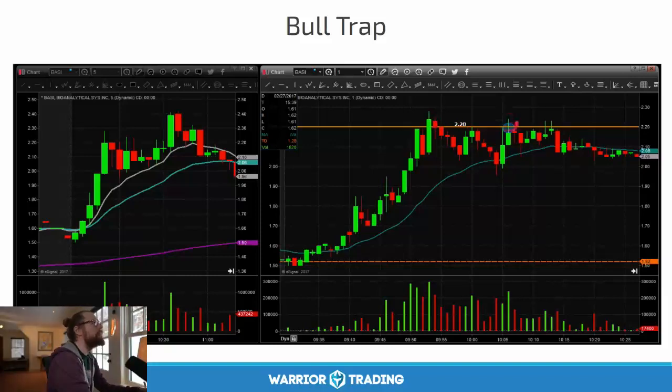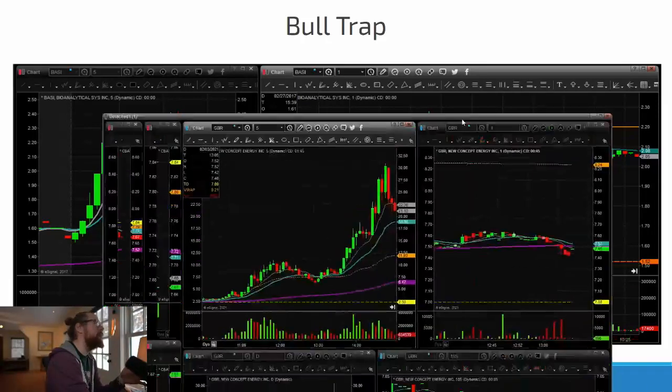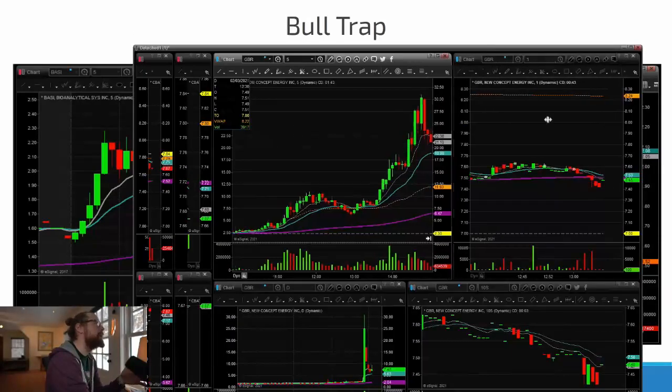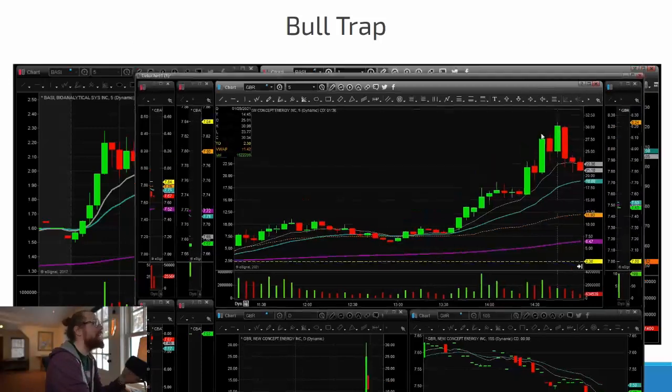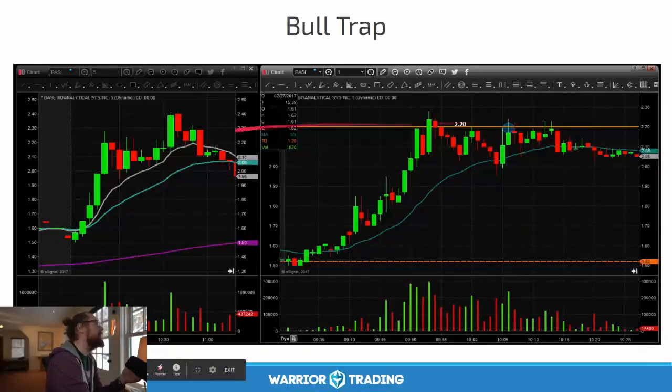So the problem here is that this entry, which obviously some people took, and I don't remember if I took this trade or not, while that entry made sense on the 5-minute chart, the 1 minute didn't support that entry. So this is where trading with an absence of the 1-minute chart, while it might help avoid overtrading by not getting in and getting right back out, in that case, it might have gotten us in.